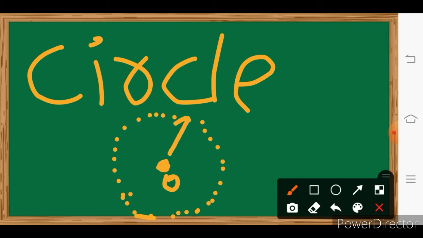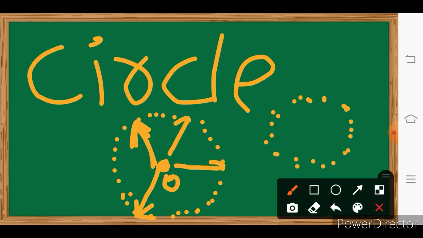This distance is equal, and this distance is equal. All distances are equal. That means a circle is formed by a set of points at a constant distance from a fixed point.